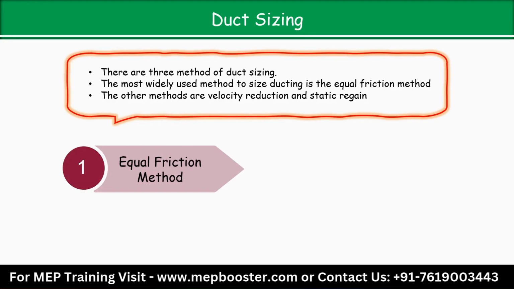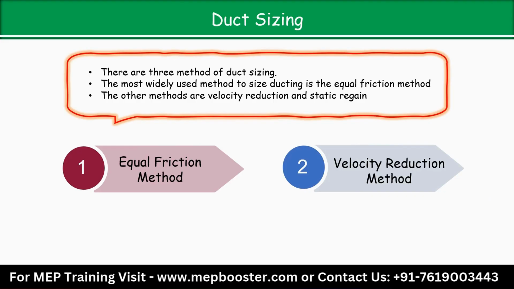So the first method of duct sizing is the equal friction method, the second is velocity reduction, and the third one is static regain method. In this lecture, first we'll discuss the equal friction method. One by one we'll discuss each and every method.